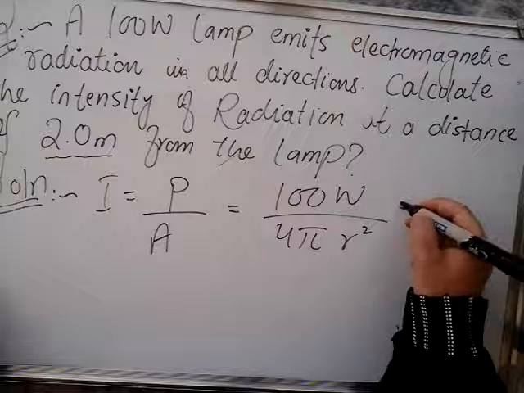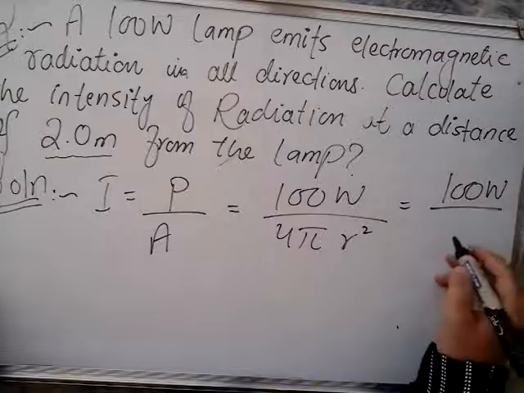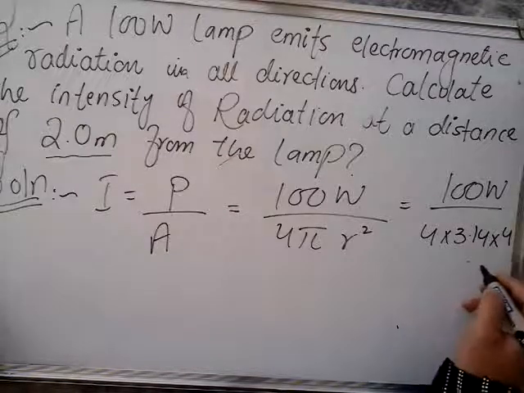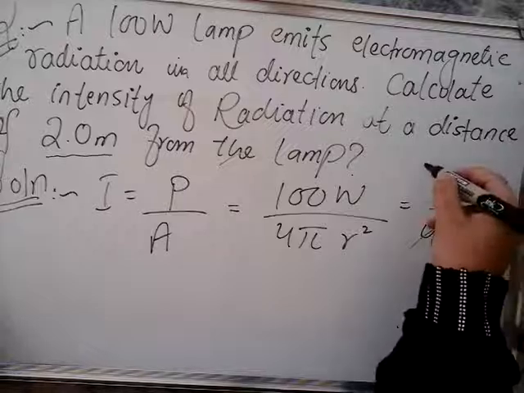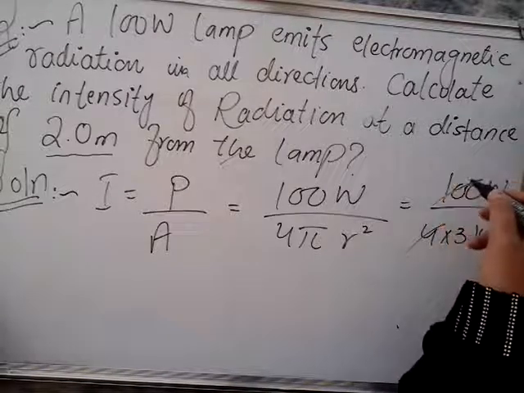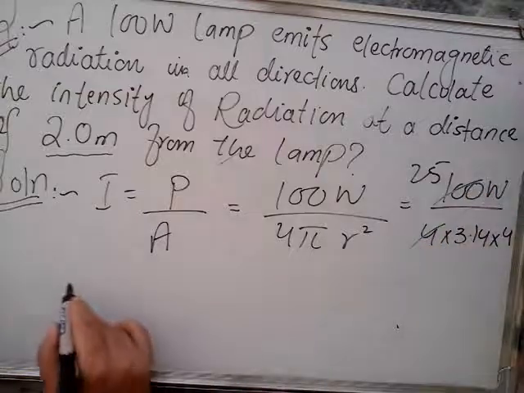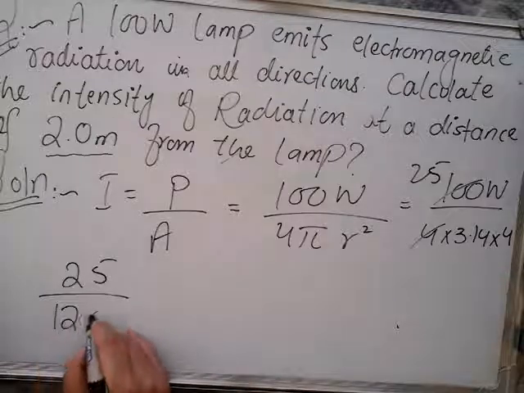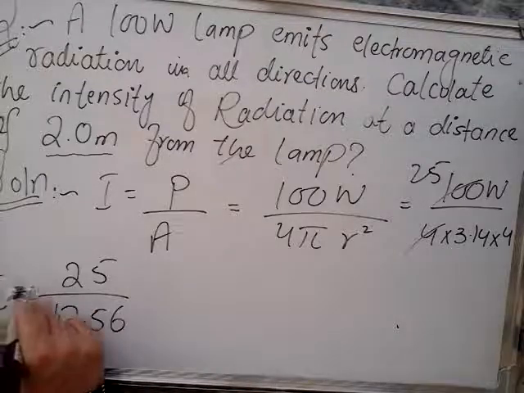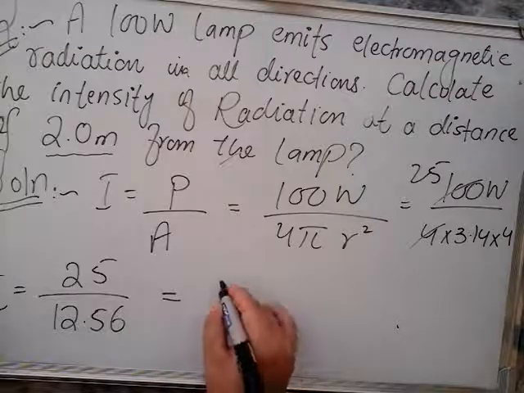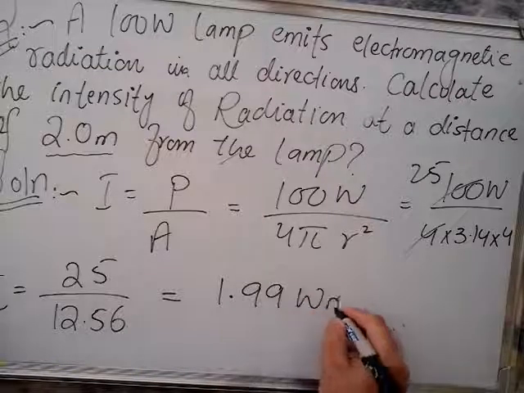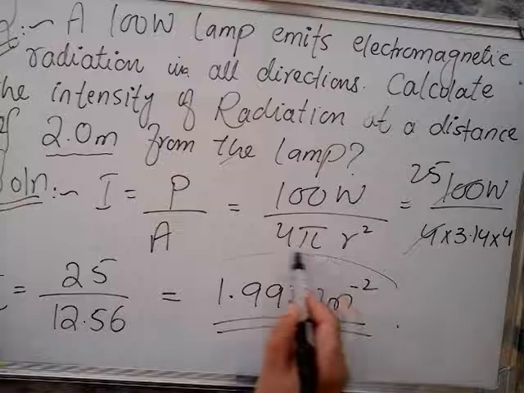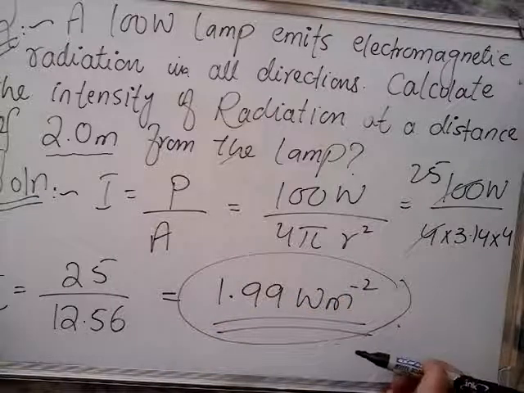So 100 watt divided by 4 multiplied by 3.14 multiplied by 4. It will become 25 divided by 3.14 multiplied by 4, which comes out to be 12.56. So intensity as a whole would be 1.99 watt per meter square. This is the intensity of the 100 watt lamp light at a distance of 2.0 meter.